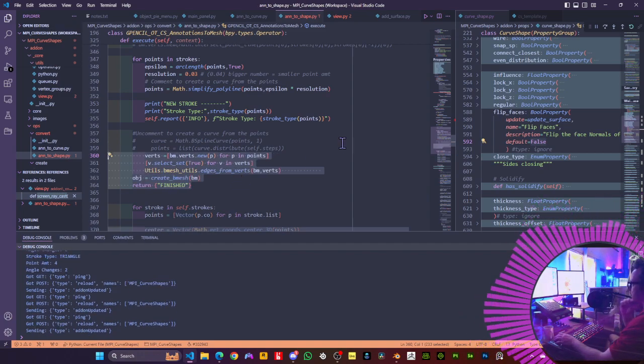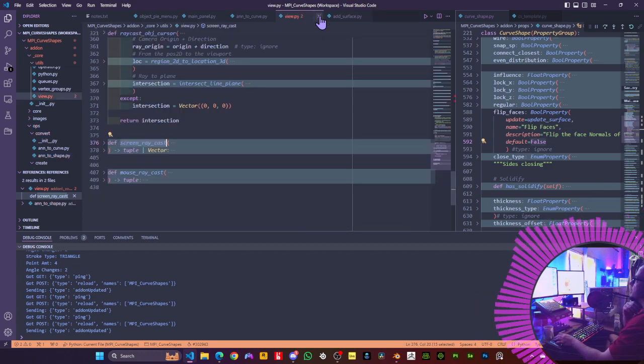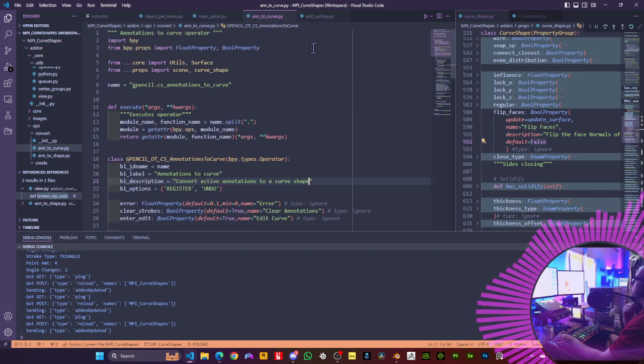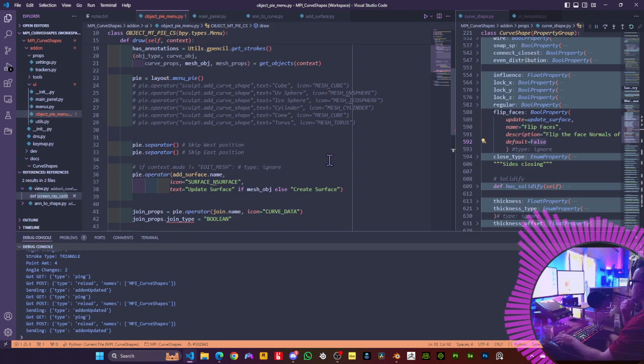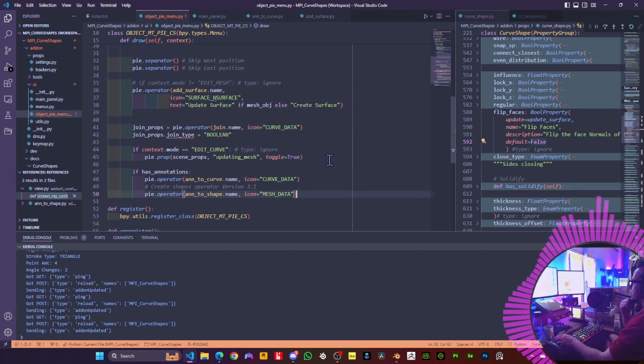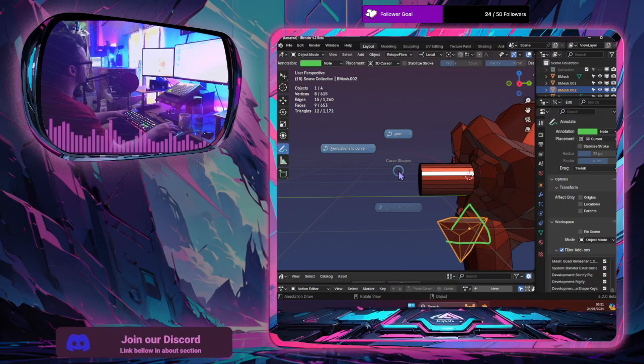Okay, I'll leave it like that. Right. This is what I gotta work on when I come back. So I gotta remove that operator from there. And I gotta organize this pie menu.